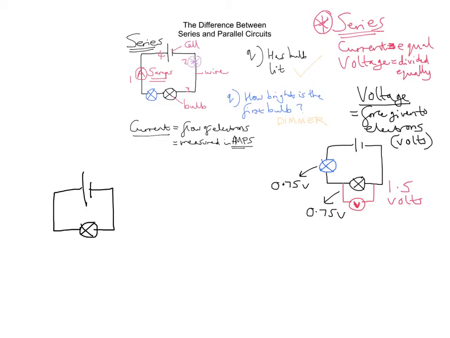But in a parallel circuit, we don't put bulbs next to each other in the same loop, if you like, but instead we have them in parallel in another loop. So another bulb in parallel would look a bit like this.